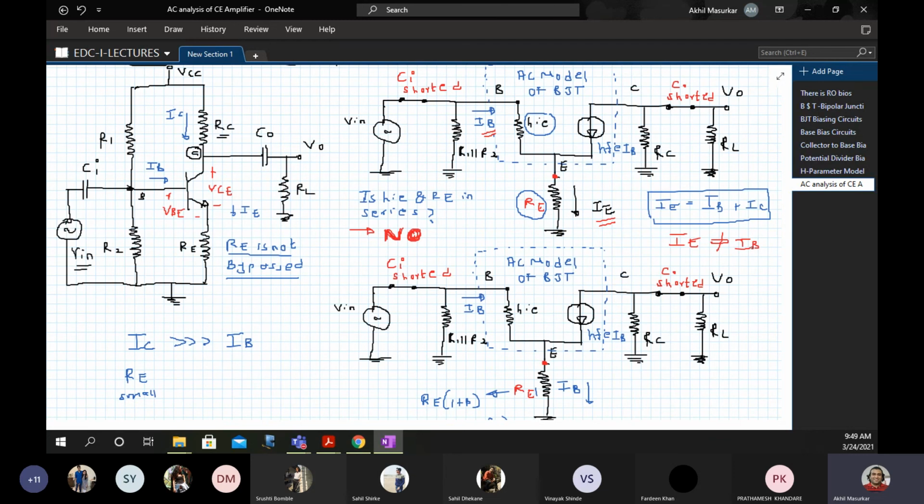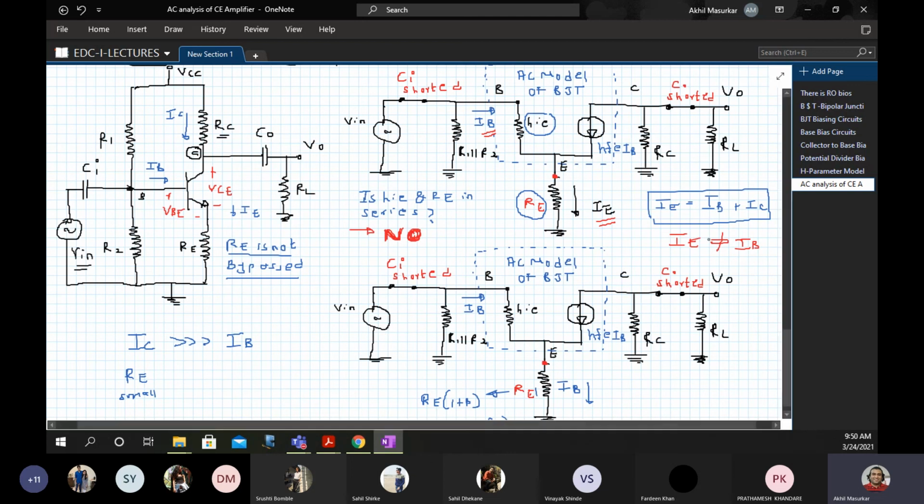The next question is, what should I do to RE? Please listen to this question very carefully. By how much should the RE value increase or decrease so that the same current flows in HIE and the resistance connected at the emitter?